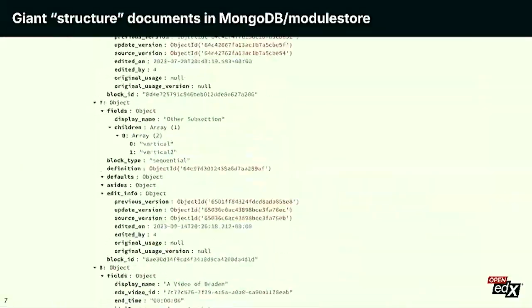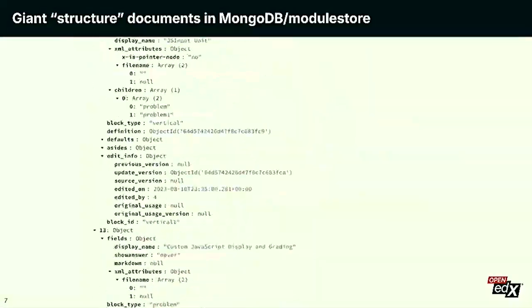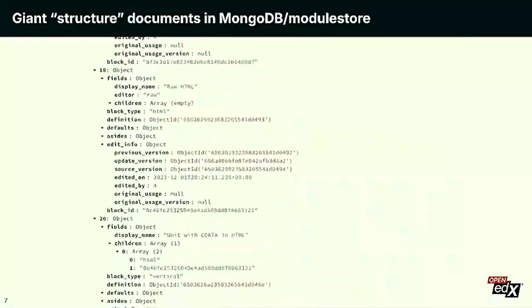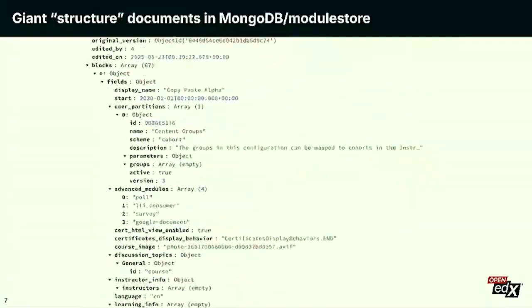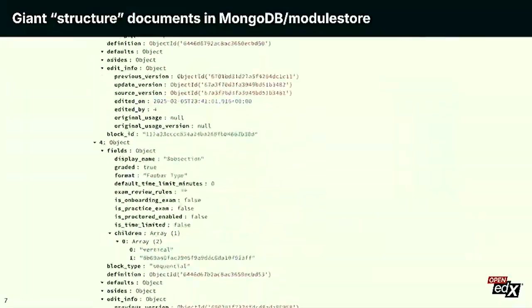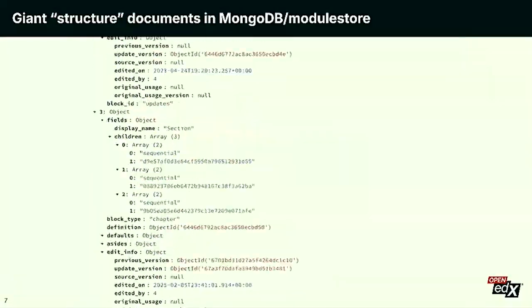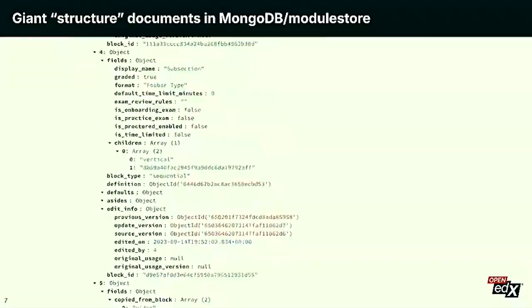I wanted to show a screenshot of how big they were, but it took me more than 2 minutes just to scroll through in this video, so you can get a sense of how big these documents are. The problem is every time you change anything in the course, we create a completely new copy of this document, and these build up a lot over time.